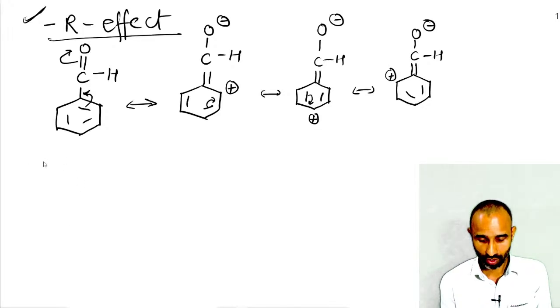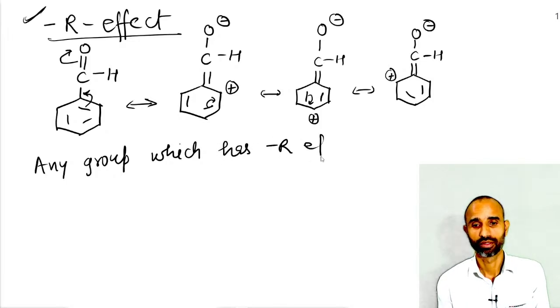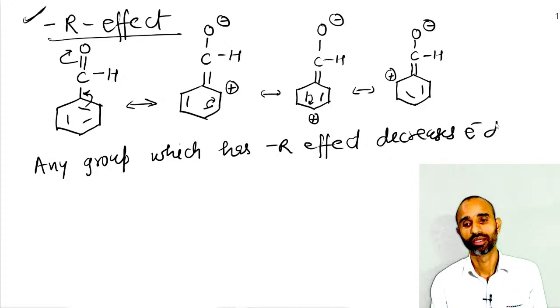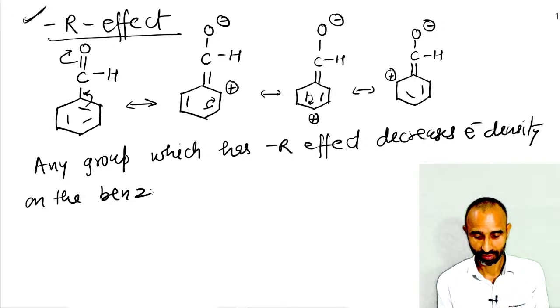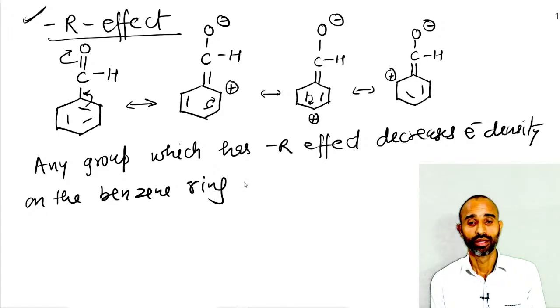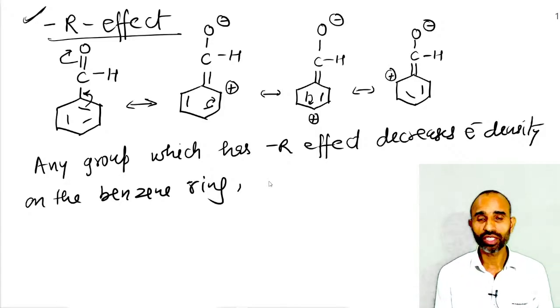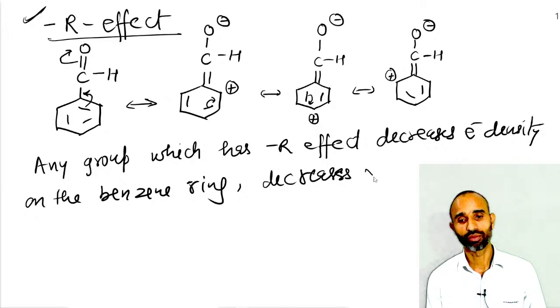So any group which has minus R effect decreases the electron density on the benzene ring. If electron density decreases, attack of the electrophile on the benzene ring decreases, and therefore it decreases reactivity.